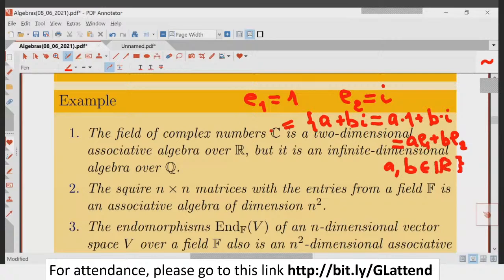So the complex numbers are a two-dimensional algebra over the real numbers. Over rational numbers, of course, it is an infinite dimensional algebra, because this is an infinite dimensional vector space over Q.